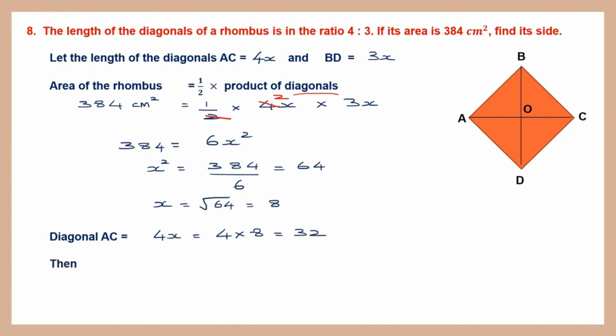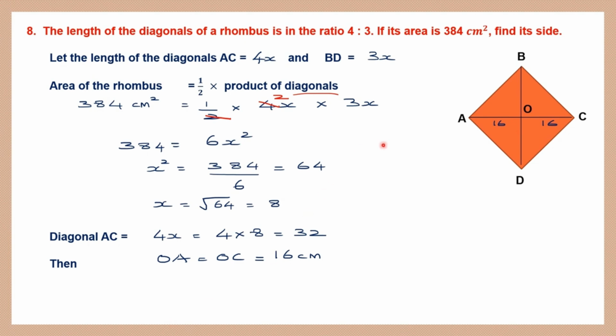If AC is 32, AO and OC will be half of that. Half of 32 is 16. That means this side will be 16 and this side will be 16. So you can write OA is equal to OC, which is equal to 16 centimeters each.